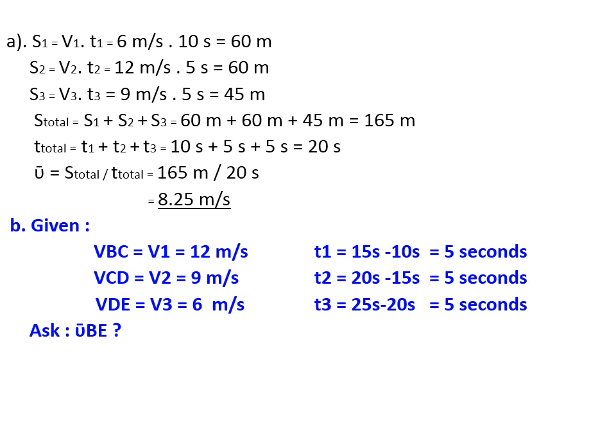Asked: average speed from B to E. Average speed equals S total per T total. To get S total, we have to determine S1, S2, and S3. S1 equals V1 times T1 equals 12 meters per second times 5 seconds equals 60 meters.